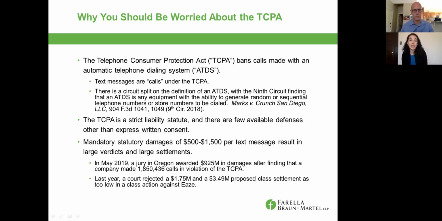And the court denied the settlement, said that wasn't enough money. They came back and offered $50 per text message, and the court again denied the settlement and sent them back to negotiate or to go to trial. And that case is still pending. Next slide.